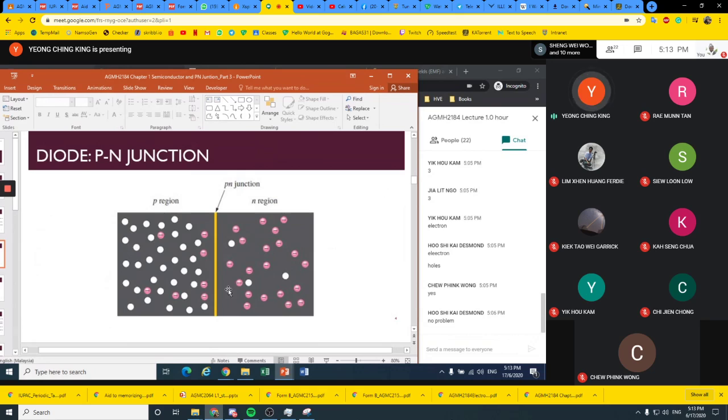This is the PN junction. It forms at the boundary between the two regions, which is this yellow line, and it is a very narrow region, okay?